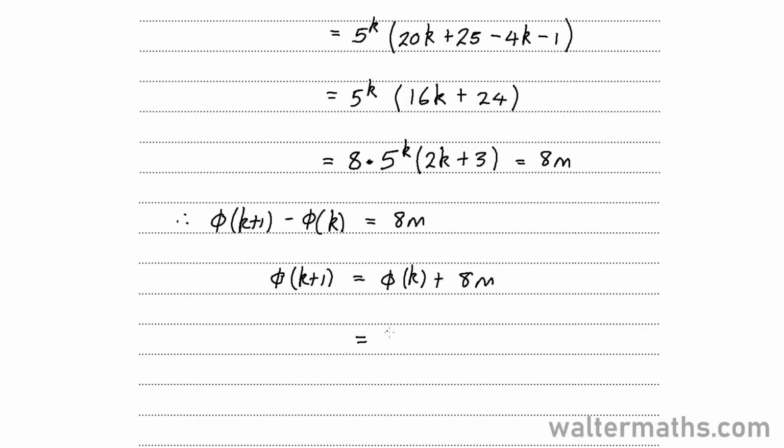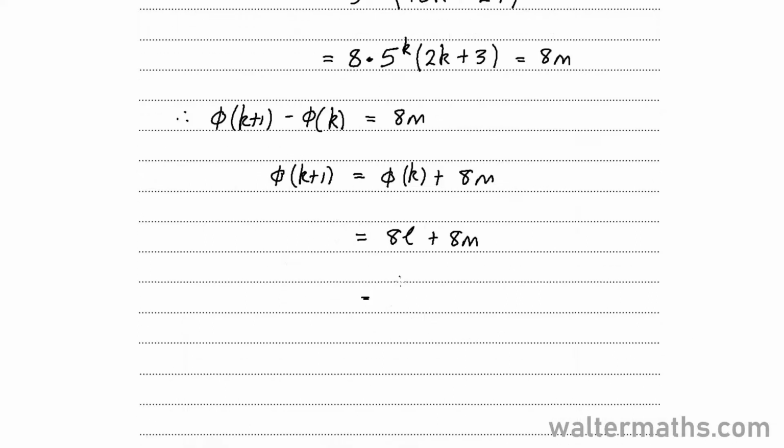So it's as good as we have 8l plus 8m, which is 8 of l plus m, and this is divisible by 8. Okay, so phi of k plus 1 is divisible by 8. So therefore, p sub k plus 1 is true.